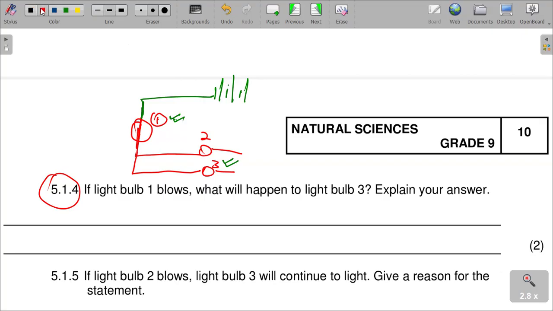That is actually the reason. So for question 5.1.4, we are saying light bulb 3, which is that one, will also go off.